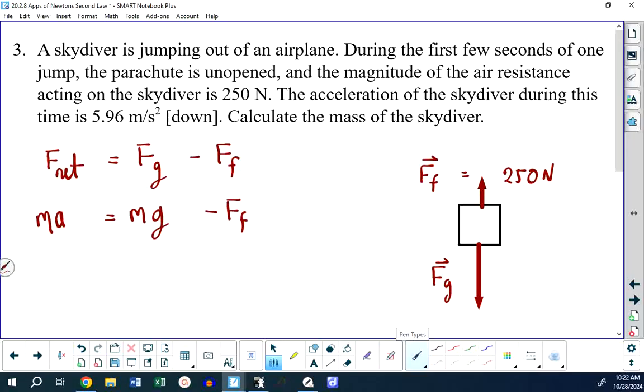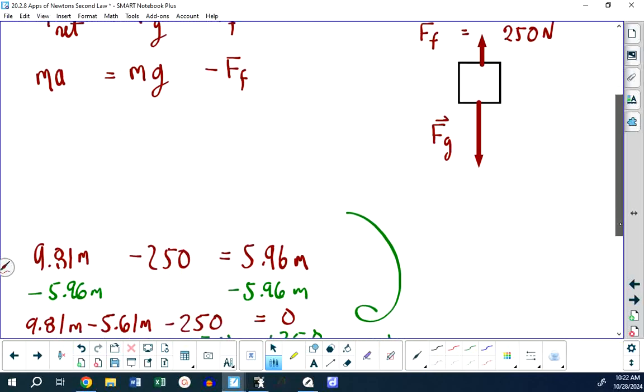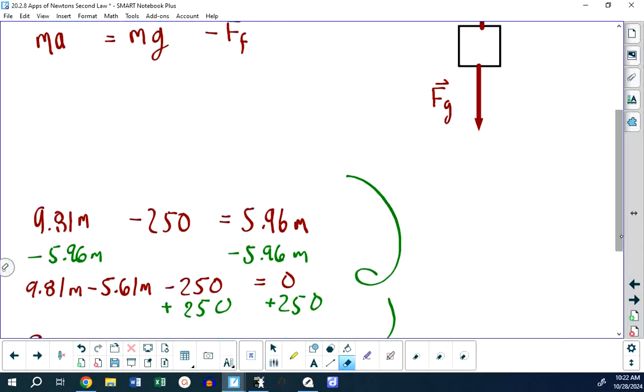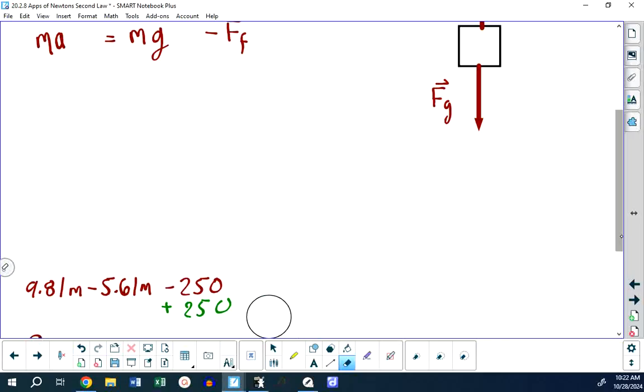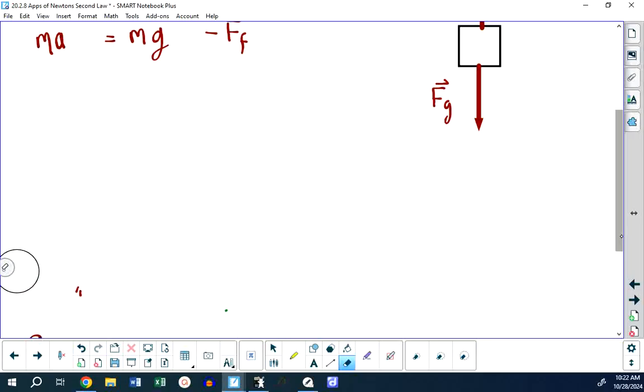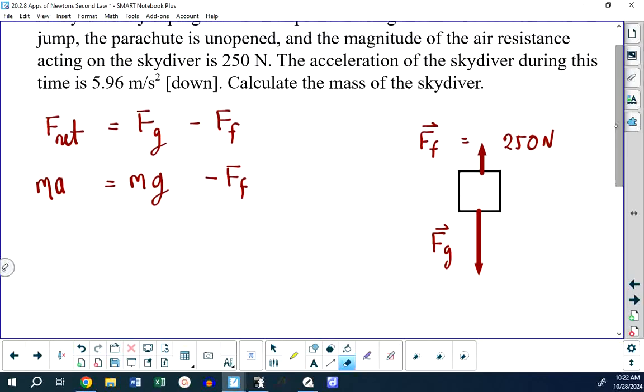So let's put the numbers in. The mass we don't know. The acceleration is 5.96.